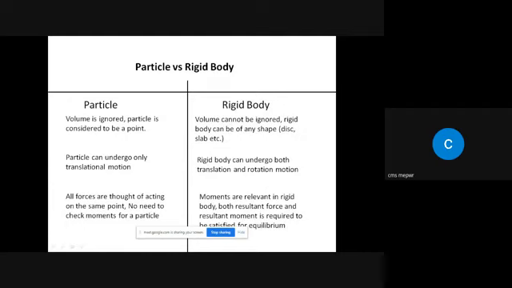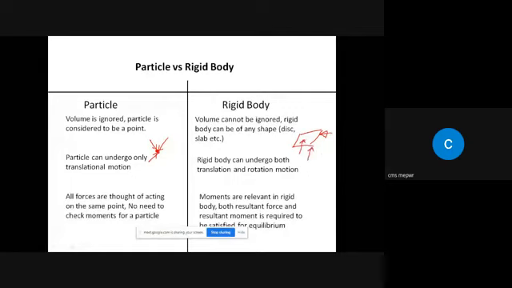Let me explain this point. If we have a particle, one force is acting, another force is acting, another force is acting, all acting on this single point, right? Because a particle is considered as a point. And if we have a rigid body of any shape, one force is acting here, one force is acting here, and one force is acting here.